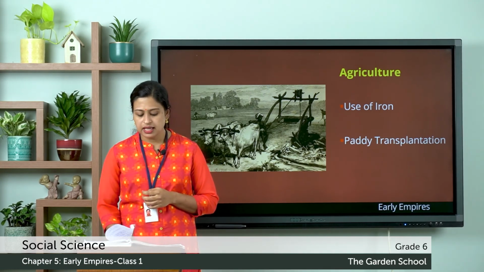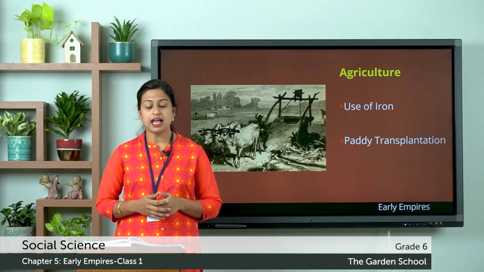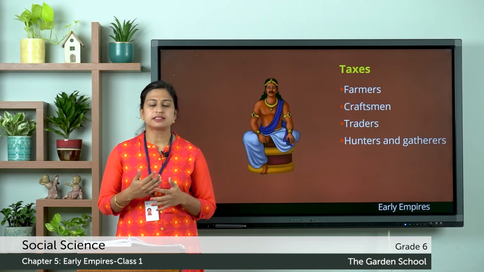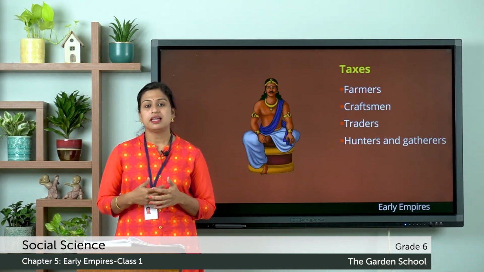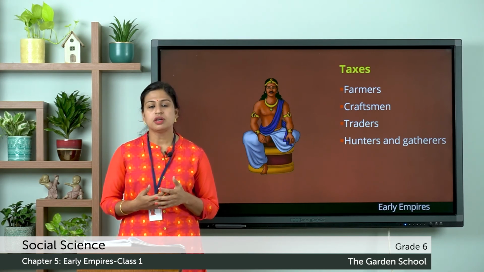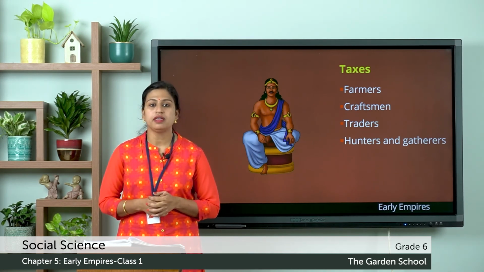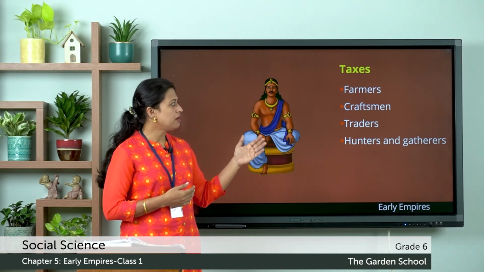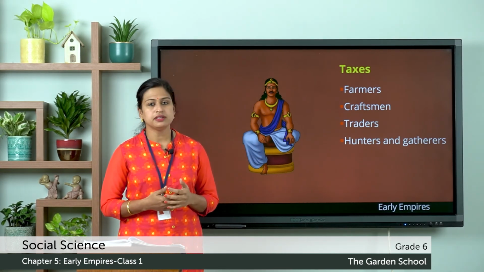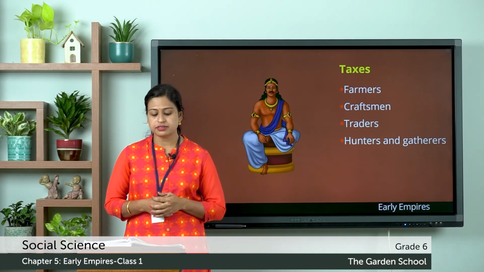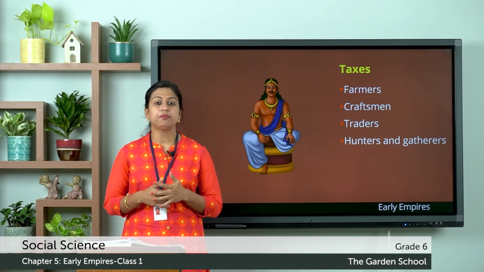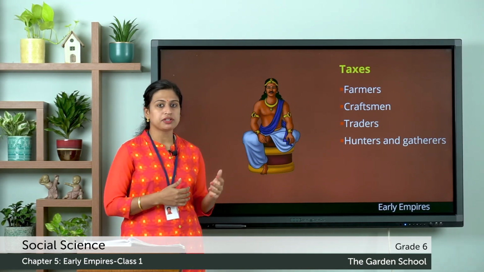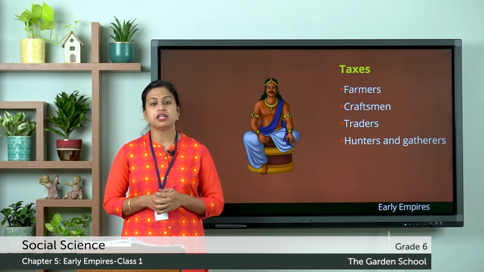Now, next let's discuss the taxation. As we have discussed earlier, the kings needed resources to meet the expense of their kingdom, and taxes were collected from the farmers, craftsmen, traders, hunters and gatherers. And these people had to pay 1/6 of the production, which was known as Shatbhaga.